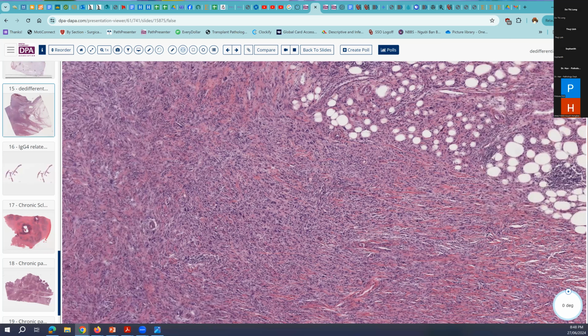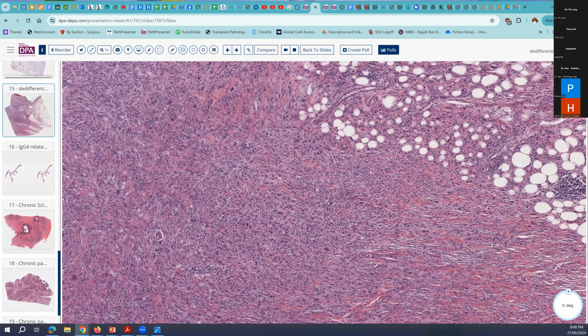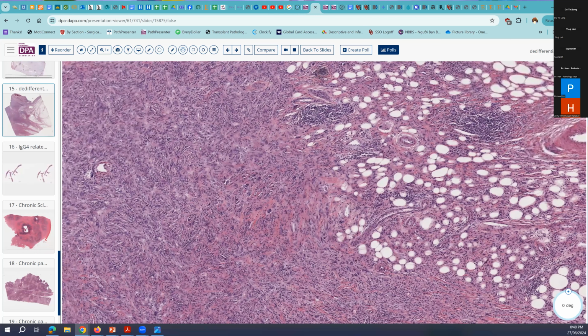If you just had a biopsy of this, you didn't know the story, you might call it undifferentiated pleomorphic sarcoma. And in fact, when they've gone back and studied many cases previously diagnosed as undifferentiated pleomorphic sarcoma in the retroperitoneum, many turn out to have MDM2 mutations and are really dedifferentiated liposarcoma.